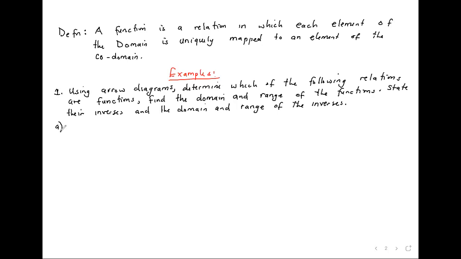A, we have a relation F: (1, 2), (0, 3), (2, 3), (7, 8).